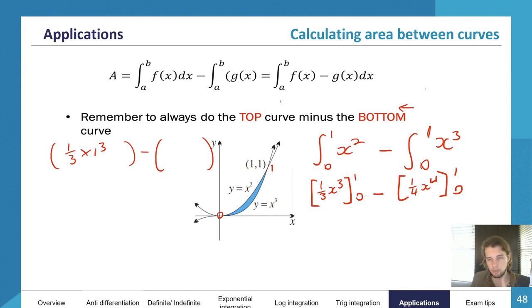Then we don't need to bother about the 0 because the 0 will just cancel everything out. Subtract 1 over 4 times 1 to the power of 4 minus 0 there. So that's equal to 1 over 3 minus 1 over 4. And that's everything. So that's our answer. That's our area underneath that curve there.